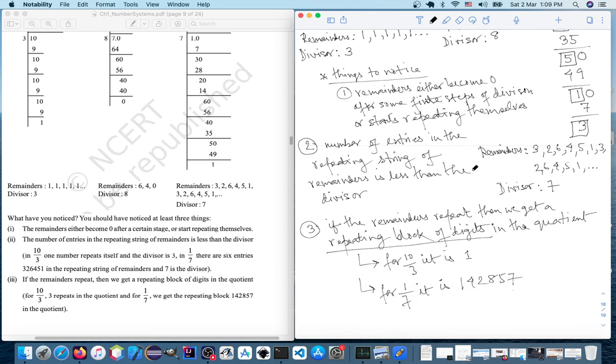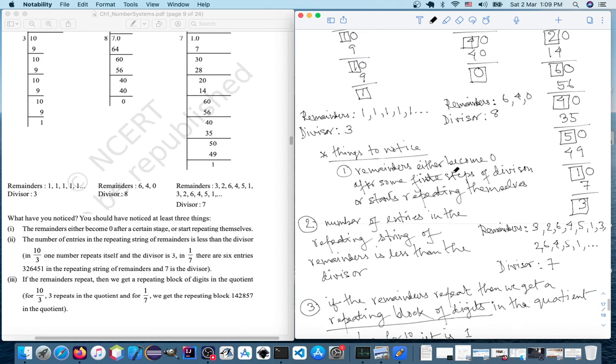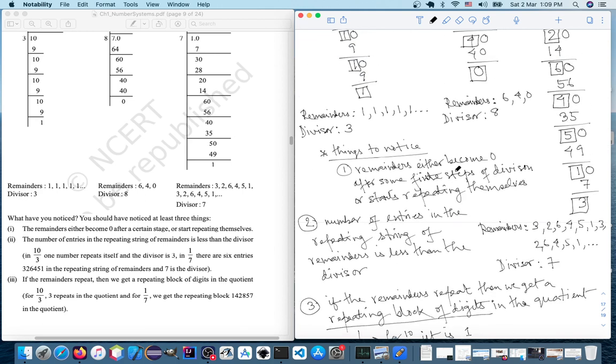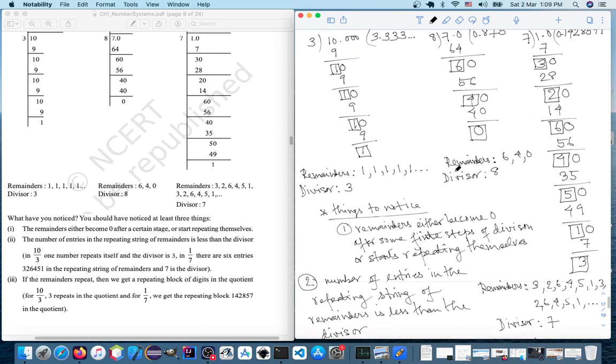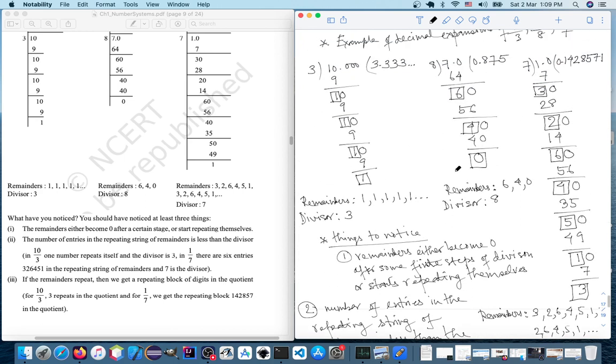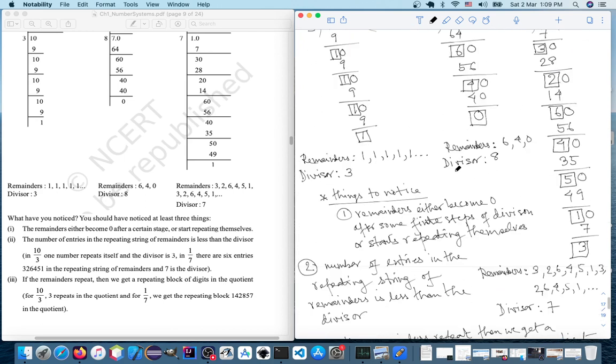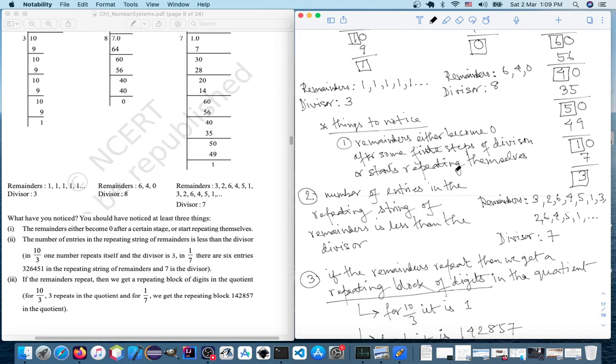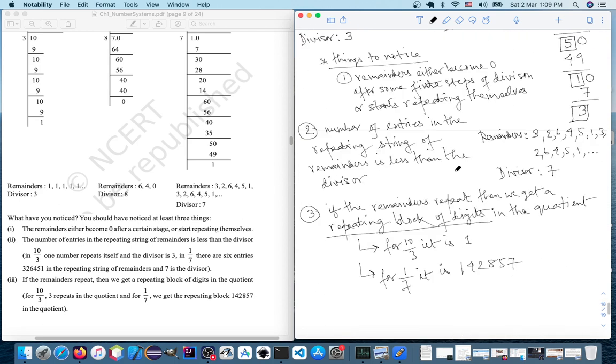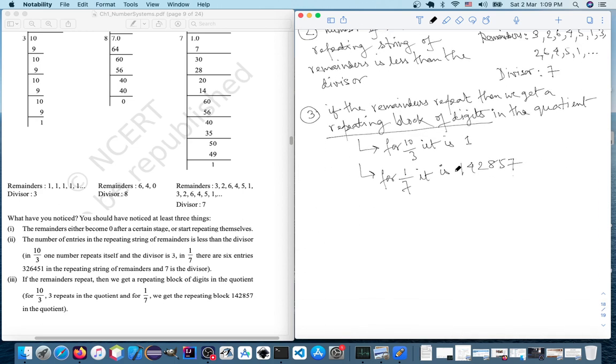Either the division ends after finite steps with the final remainder being 0, or the remainder doesn't end and we get a repeating string of remainders, and we also get a repeating block of digits in the quotient. Okay, so let's proceed with the textbook.